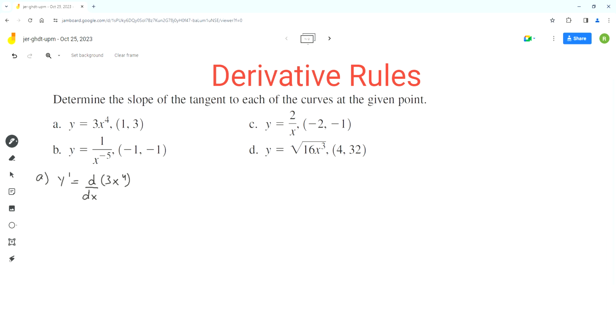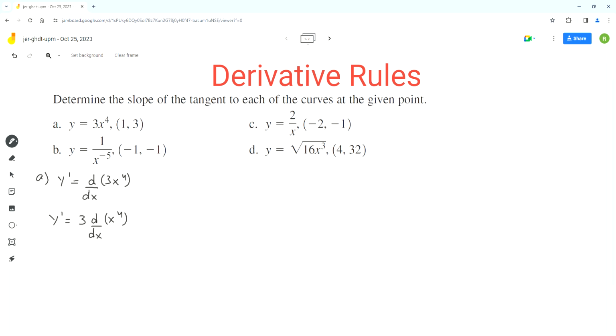Now we can use the constant product rule to find the derivative of this term. So as per that rule, we'll move the 3 out of the expression and put it in the front. So it'll be 3 times the derivative of x to the power 4 over dx.